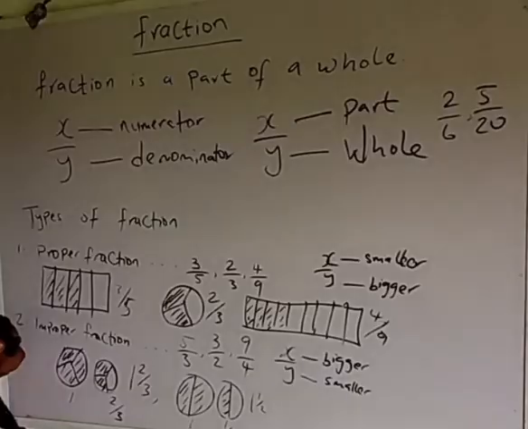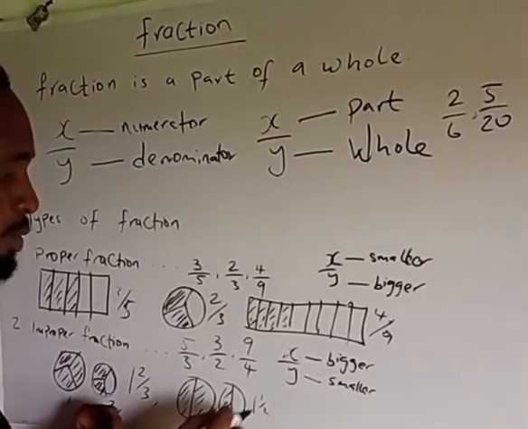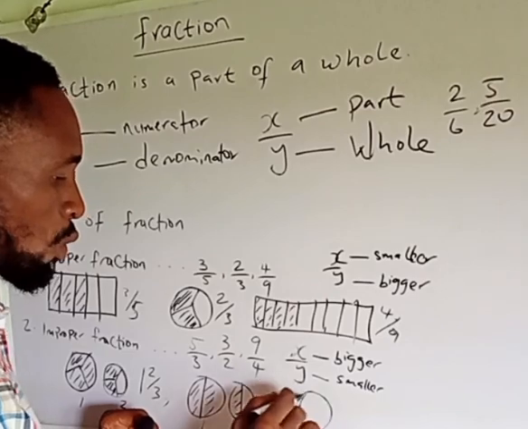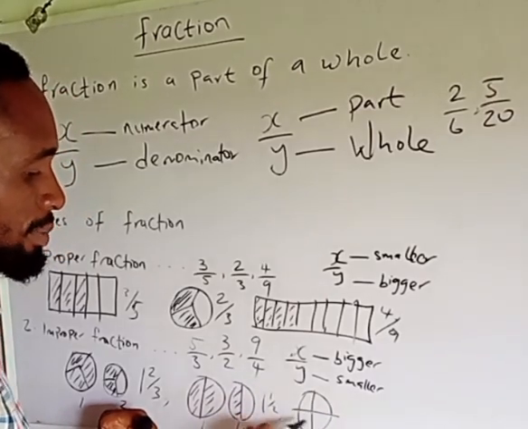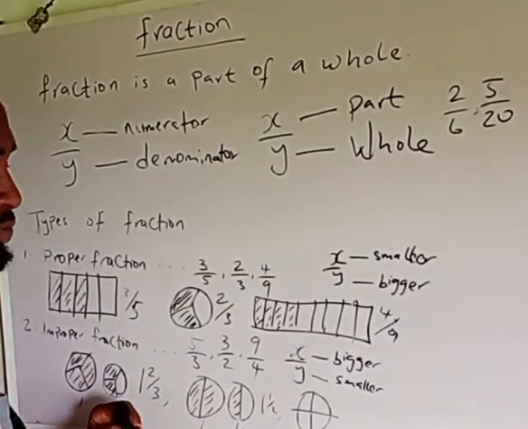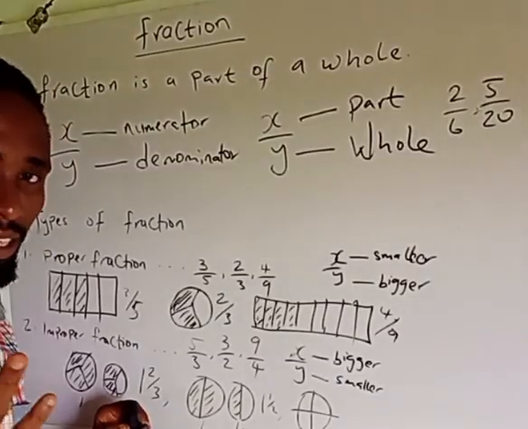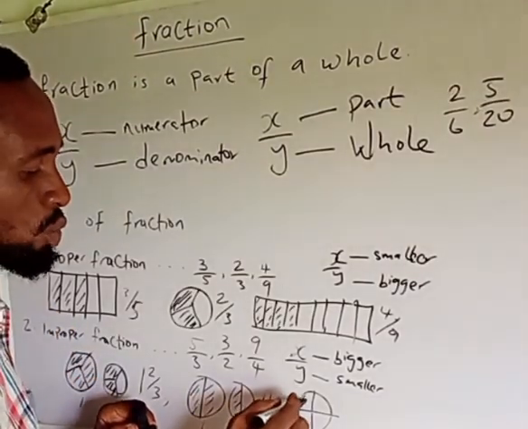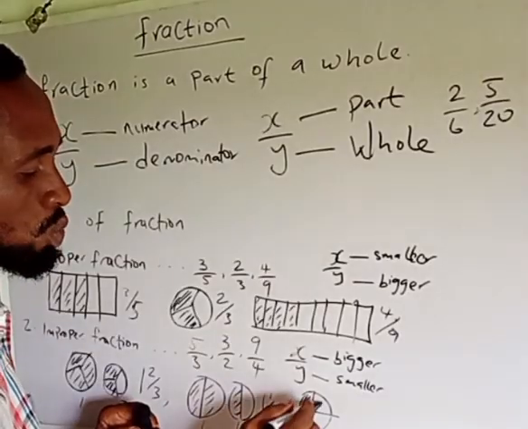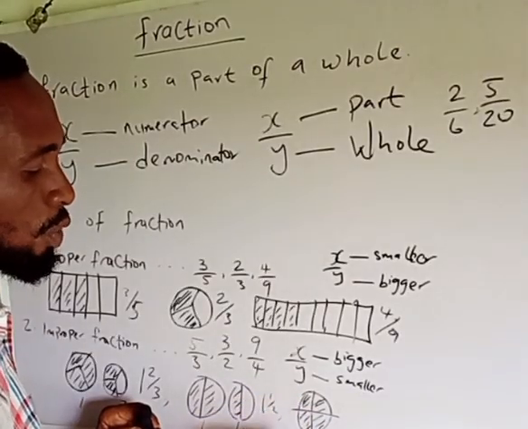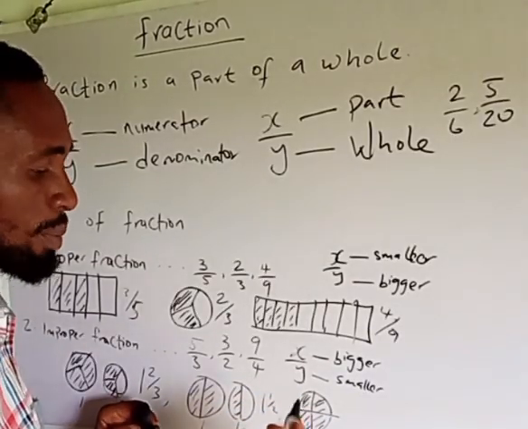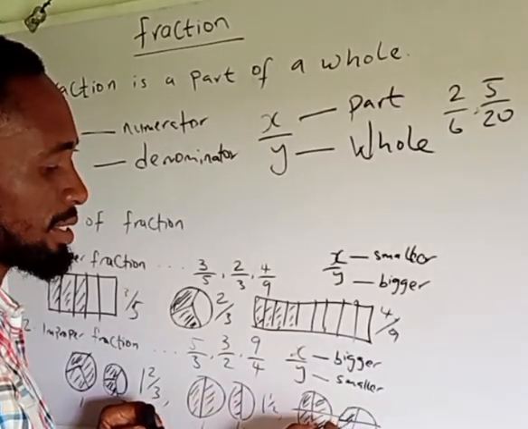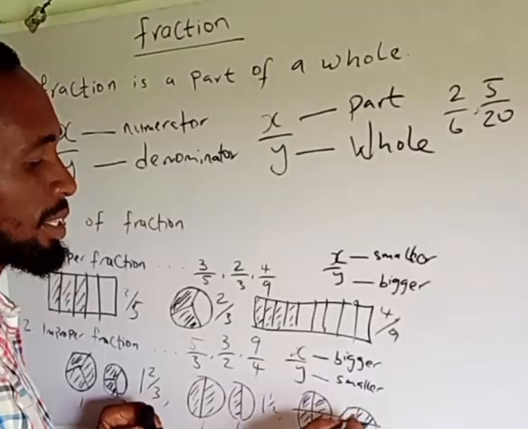Now, finally, let me do 9/4. For 9/4, I'm going to draw a whole that has 4 parts. I'm going to pick 9 parts from that whole. So let's go. 1, 2, 3, 4. I'm looking for 9 parts, so I'm going to draw another one. This is 5, 6, 7, 8.